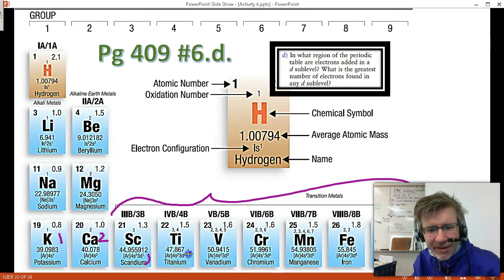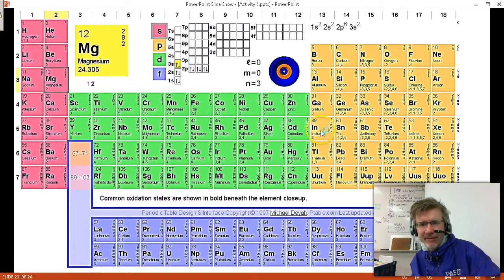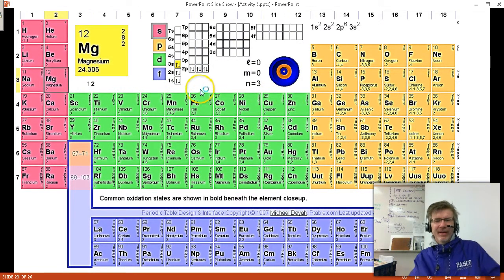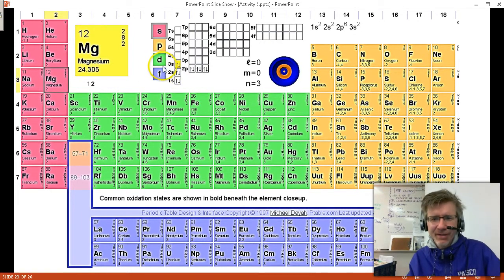So 3d1, 3d2, 3d3, 3d5. That's weird. 3d5 again, 3d6, 3d7. Turns out, if you look at these, the D levels go 1, 2, 3, 4, 5, 6, 7, 8, 9, 10. So the next question in the book was, where do you add the D levels?